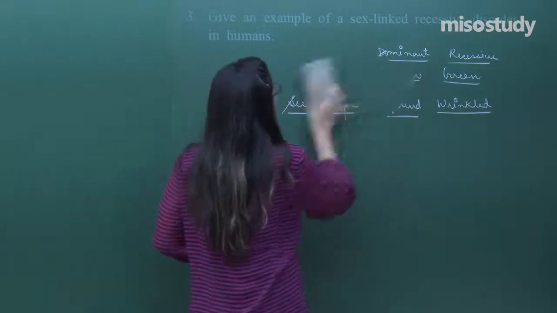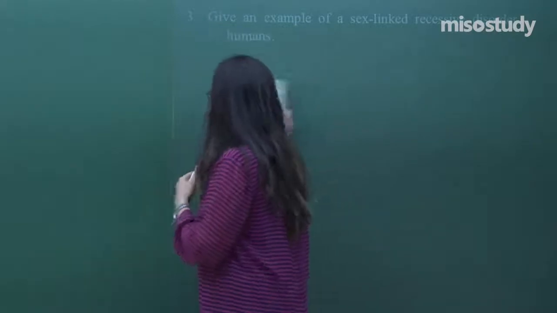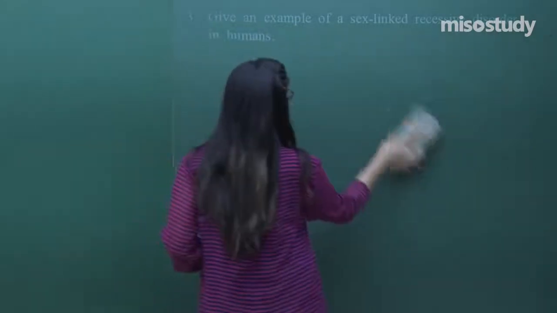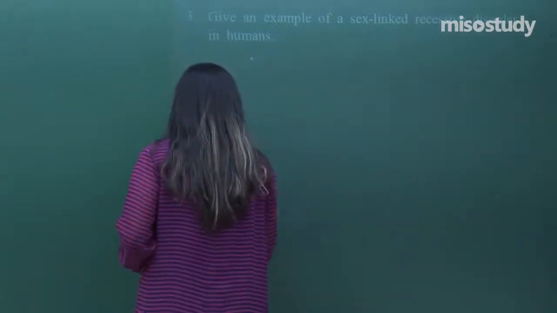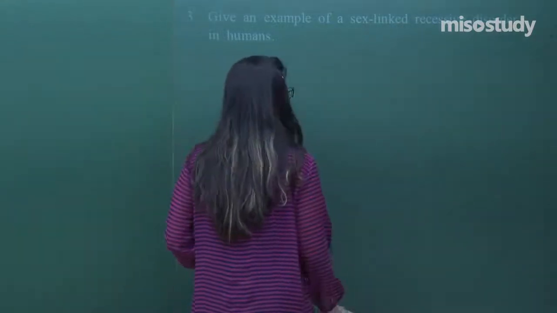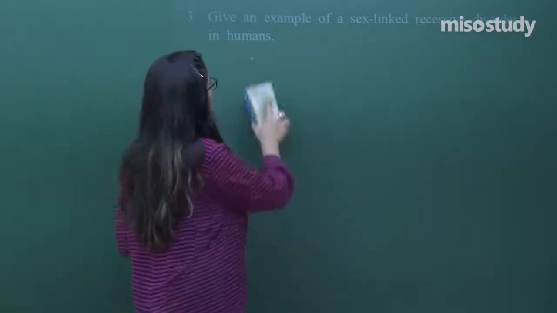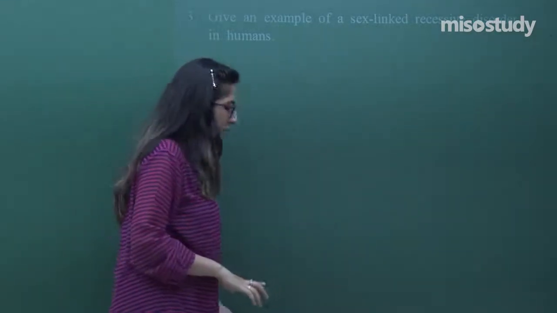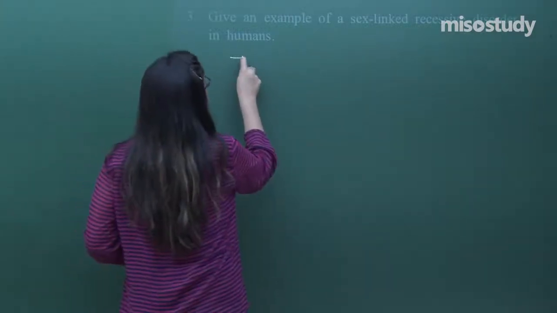Give an example of a sex-linked recessive disorder. So, the third question indicates a sex-linked recessive disorder. A sex-linked recessive disorder can be hemophilia.